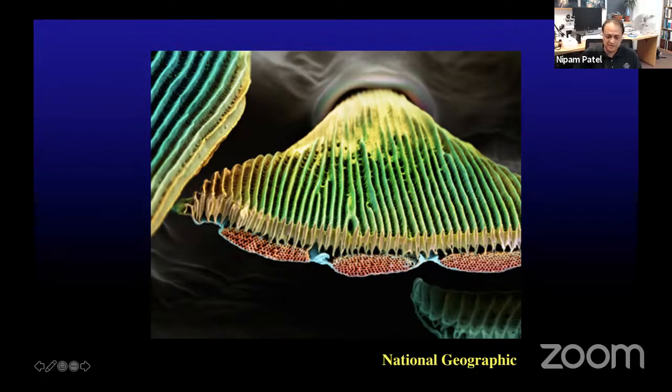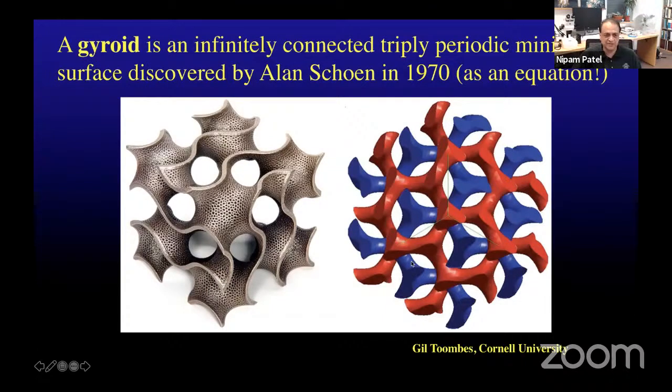This is a very specific structure called a gyroid. And I love this story. In 1970, Alan Schoen, a mathematician, came up with an equation that divides space into 2 non-overlapping domains via a surface that's a triply periodic minimal surface. So this was a mathematical equation in the 1970s. And then it was discovered that in fact this structure exists in the real world inside the scales of these butterflies.